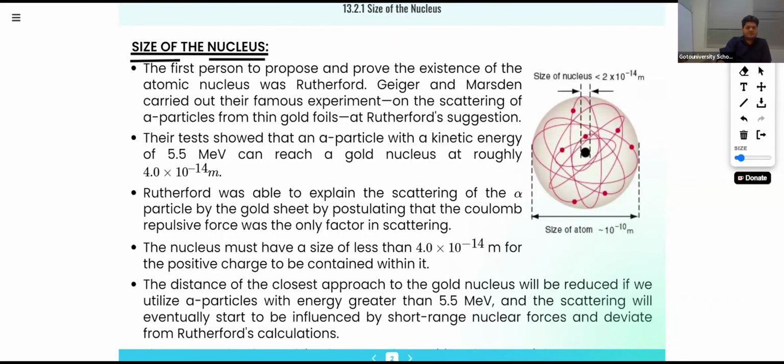we have first thing, nucleus shape. Okay, first we have nucleus shape.